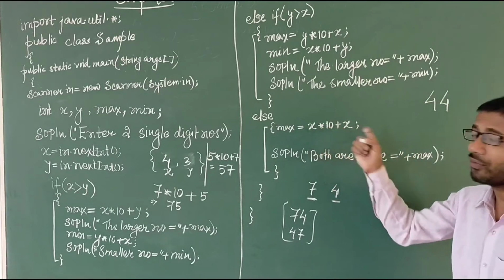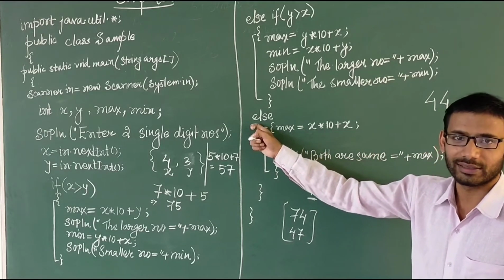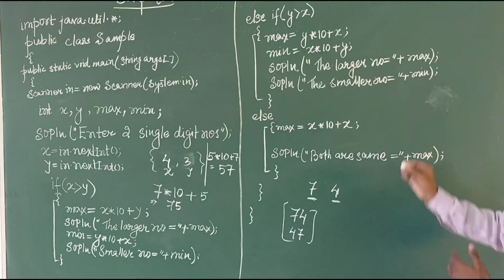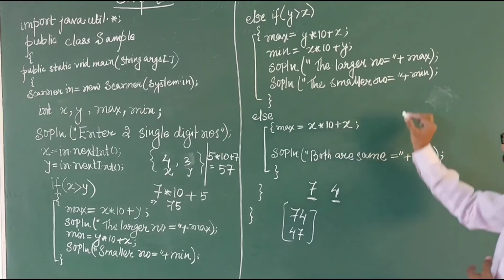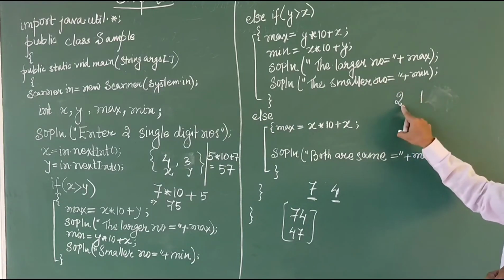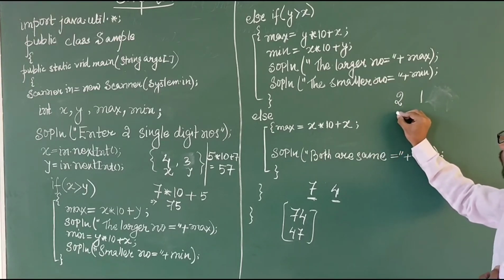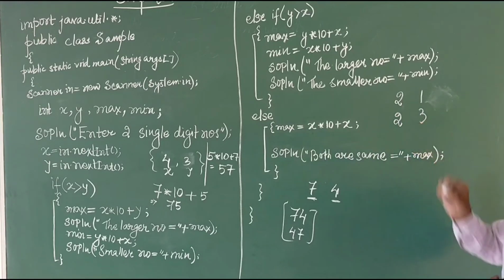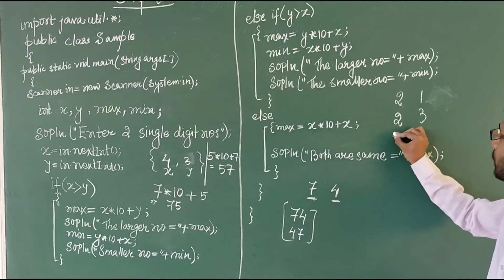Why? Because x and y both are the same. This is the rest over case, the leftover case. Out of the two given digits, the first digit may be larger than the second digit. Second case is the first digit may be smaller than the second digit. And the last case, the rest over case, is both might be the same.